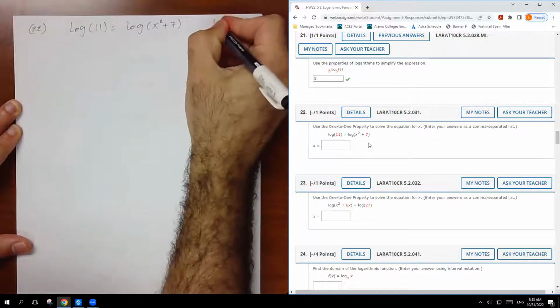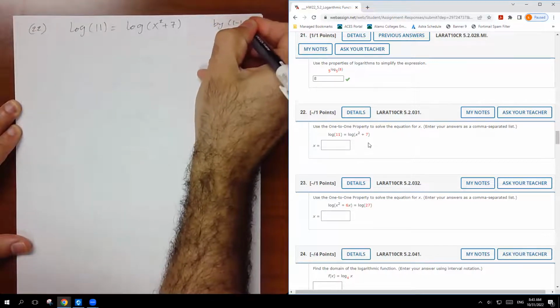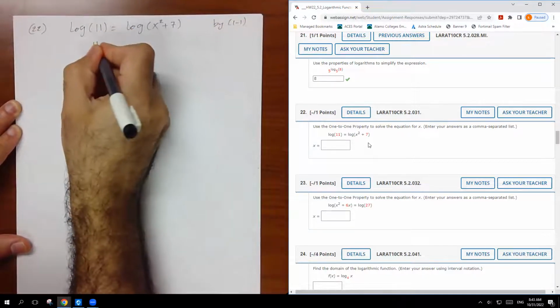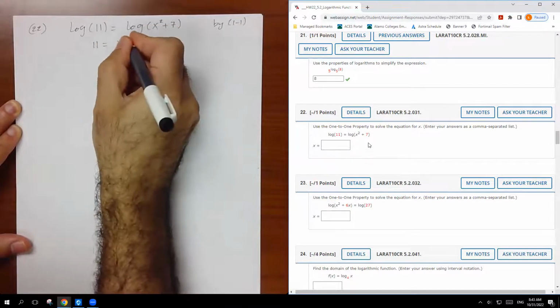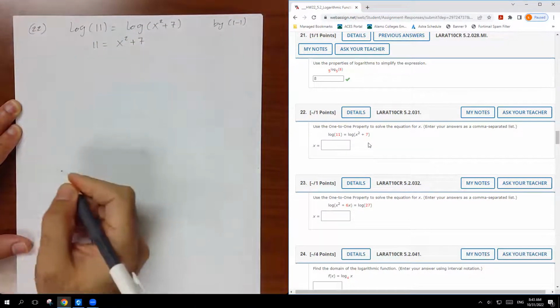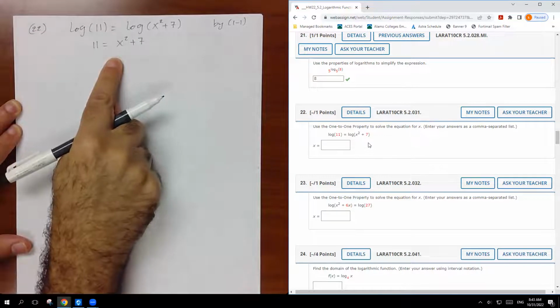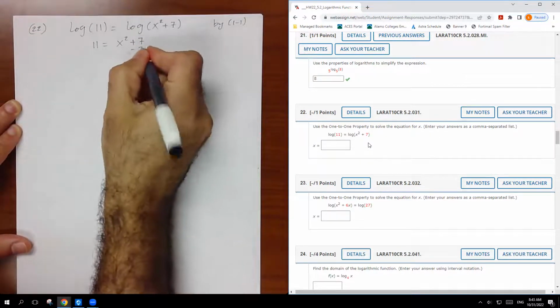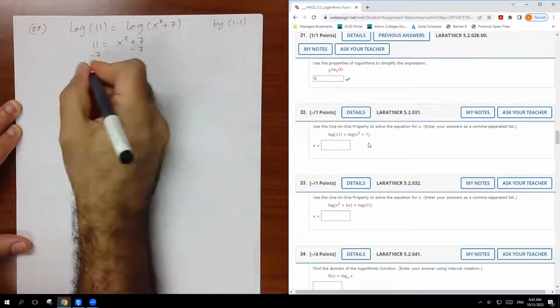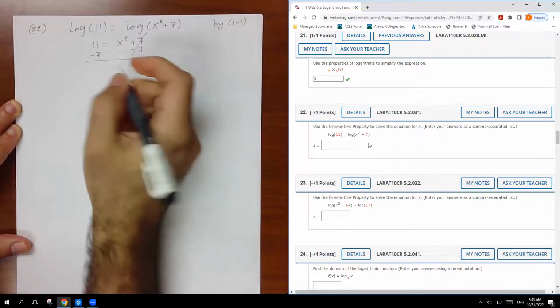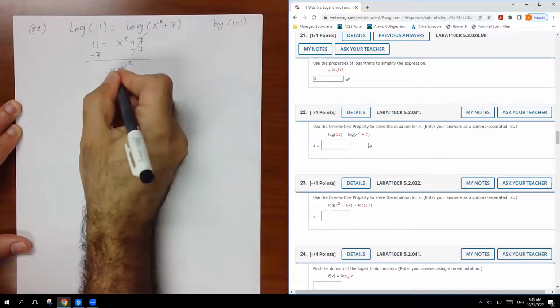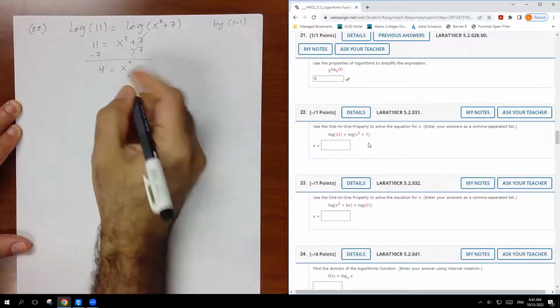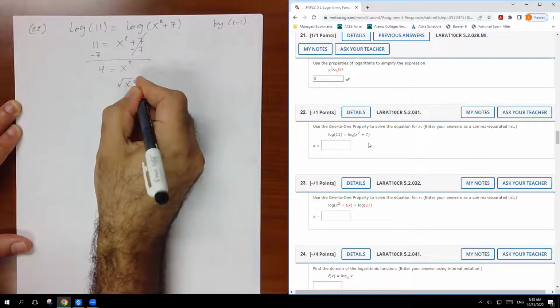By one-to-one property, that means 11 equal x squared plus 7. In this case, I need to solve this one. So I'm going to say minus 7 from both sides. Cancel here. So x squared is going to be equal 4. Take the square root for both sides.